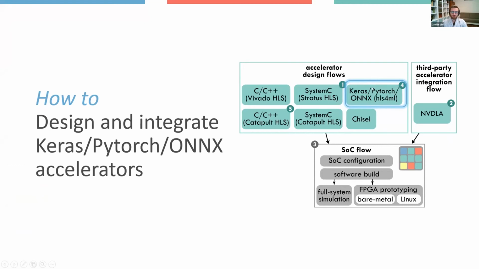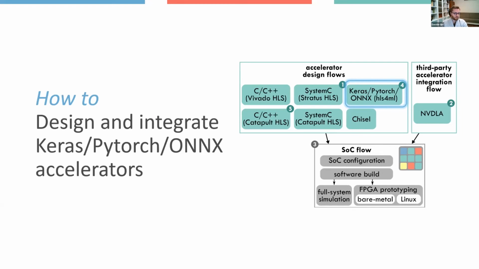We now show how we integrated the use of a tool called HLS4ML into ESP, such that from a Keras, PyTorch, or ONNX specification, you can get automatically the generation of an accelerator, but not only that, we also get the integration of that accelerator into ESP, all done automatically. On top of that, we even generate some unit tests, a bare-metal application and a Linux application, and the Linux device driver. So it's a fully automatic integration.